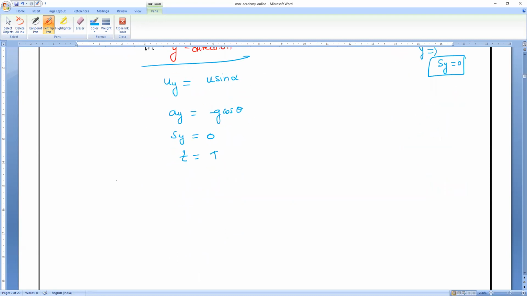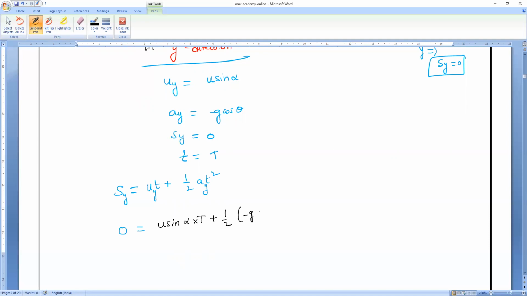The second equation of motion: S equals ut plus half at squared. Substituting, the displacement in the y direction is 0. The initial velocity is u sin alpha times capital T plus half into the g value.